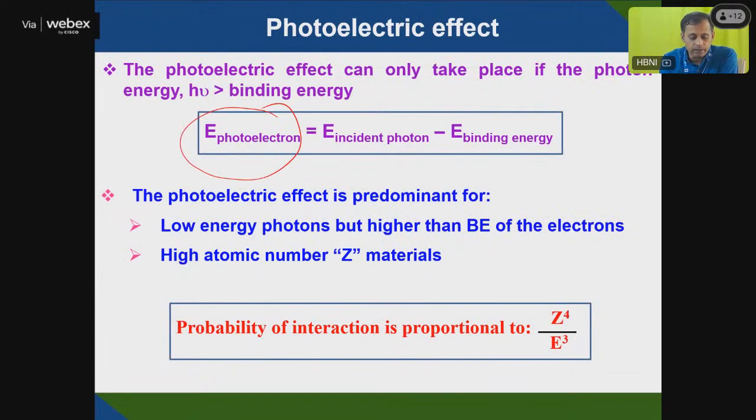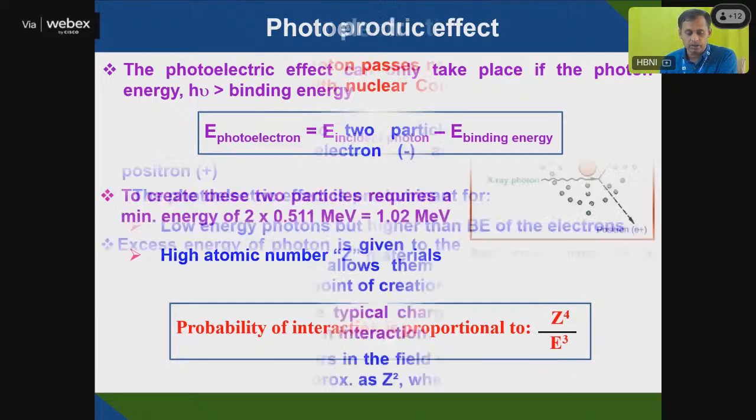The photoelectric effect is predominant for low energy photons, but higher than the binding energy of the electron, and for high atomic number Z. The probability of interaction is proportional to Z to the power 4, and inversely proportional to E to the power 3.